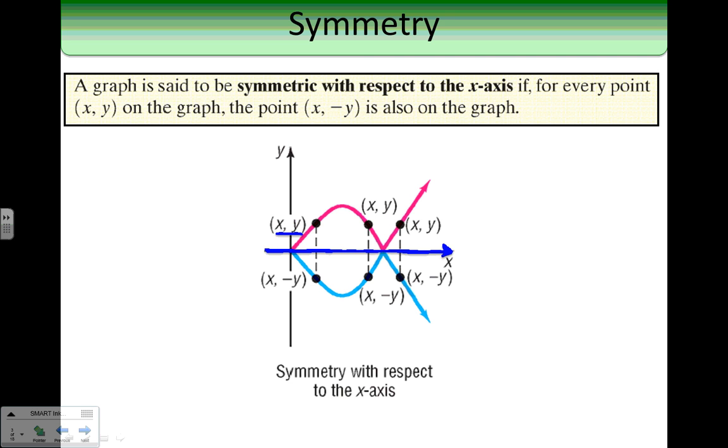If this point is reflected across the x-axis, the x value is still the same, but you have the opposite y value, because it's going over the x-axis. Any point on that graph should do the same thing. So the x values of these two points stay the same, but they have opposite y values.